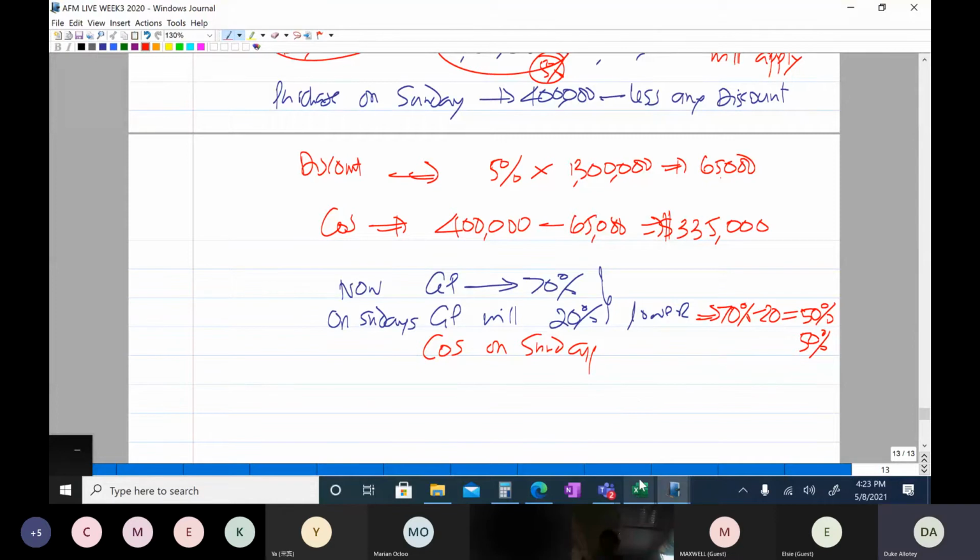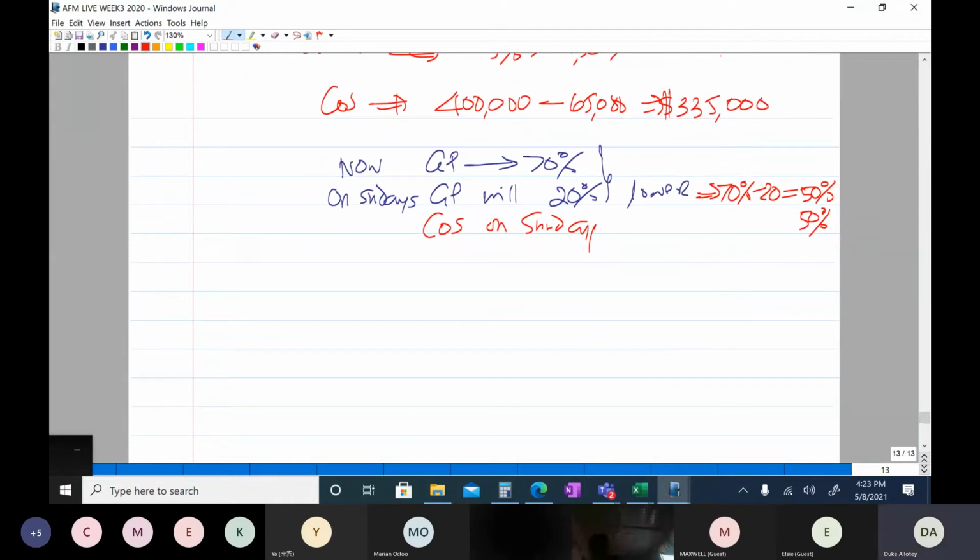Can you get it now? No, sir, I don't get why cost of sales will be 50% if gross profit is 50%. Look, sales less cost of sales gives me gross profit.